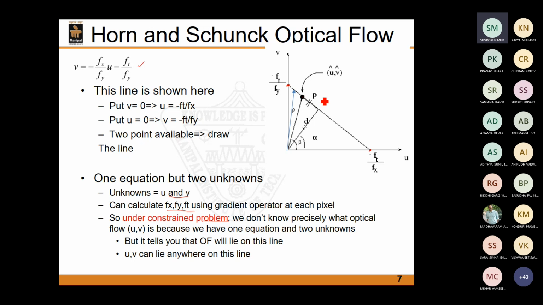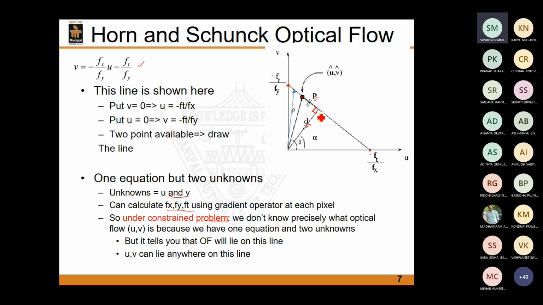This point can be represented in terms of two other vectors, which are vector D and vector P. So if I know vector D and vector P, I know where exactly this location of the optical flow vector is.